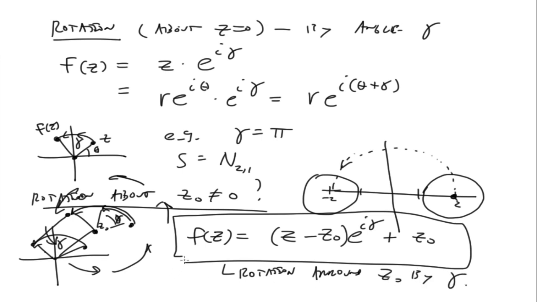All right, so now finally what we're going to talk about briefly is reflections. We'll just talk about two examples of a reflection. The first is f of z equal to z bar, the complex conjugate, x minus iy.